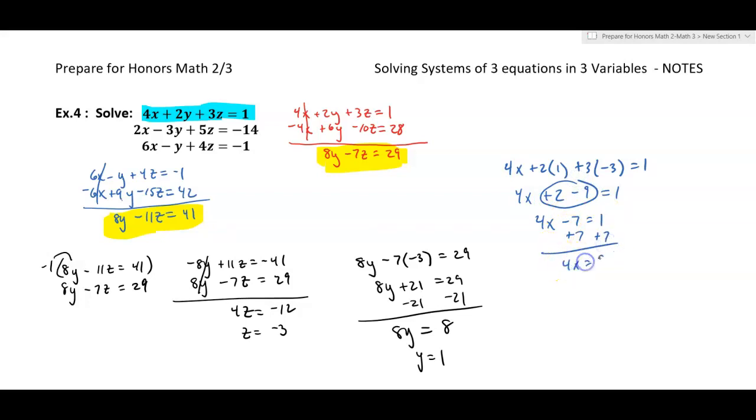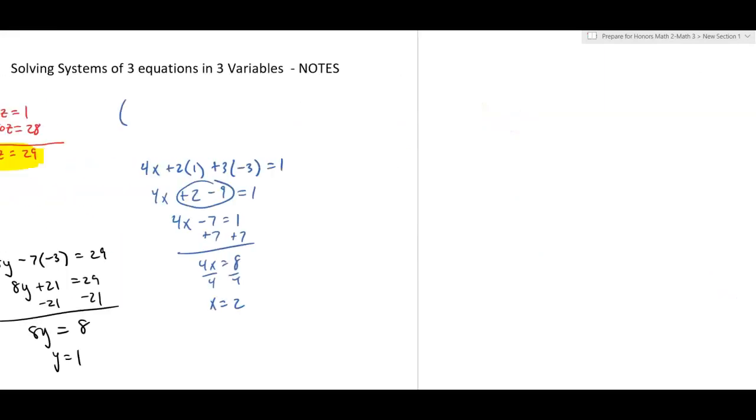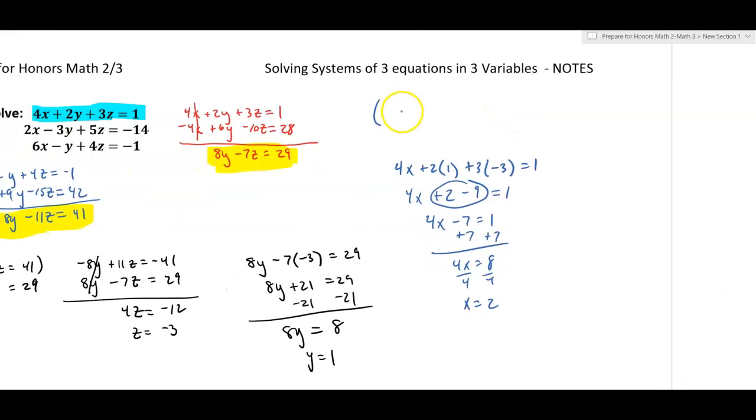Add 7. 4x equals 8. Divide by 4. x is equal to 2. And our ordered triple for a solution is x is 2, y is 1, z is negative 3.